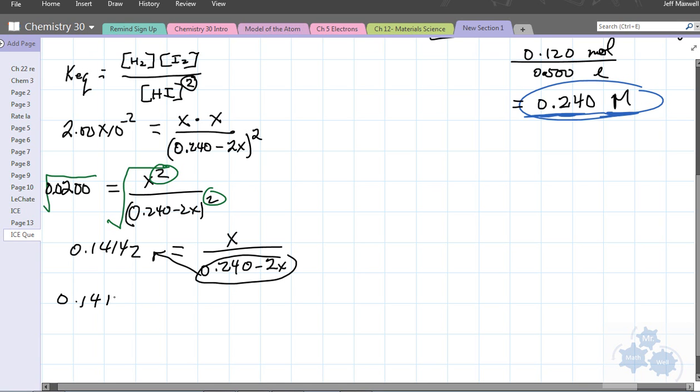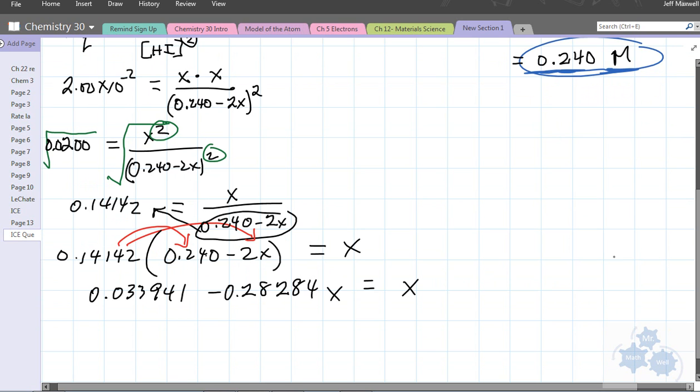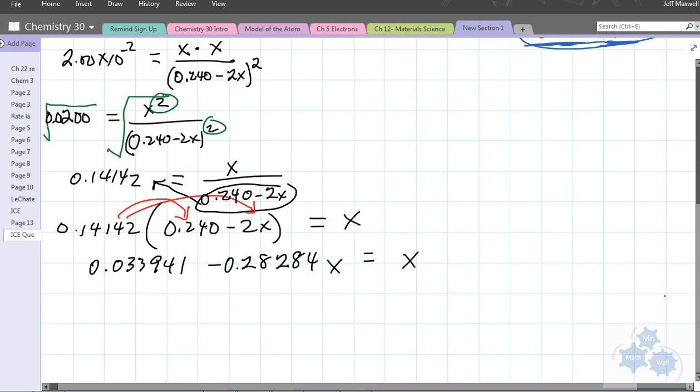I'll just show all my steps for you. Expand to get rid of these brackets so that we can combine all the like terms. Okay. Now we add this to both sides.